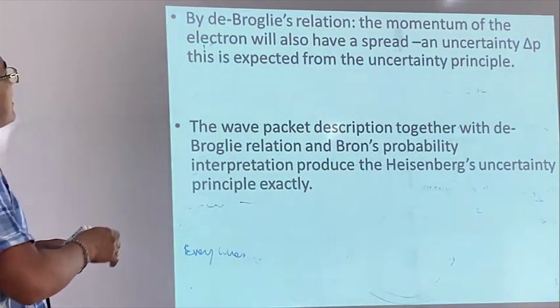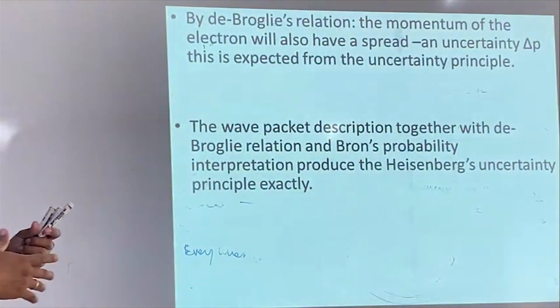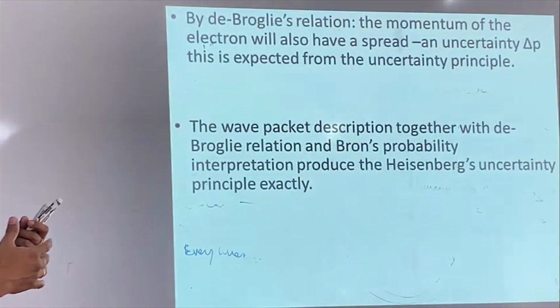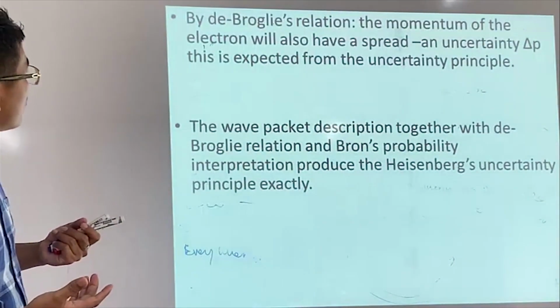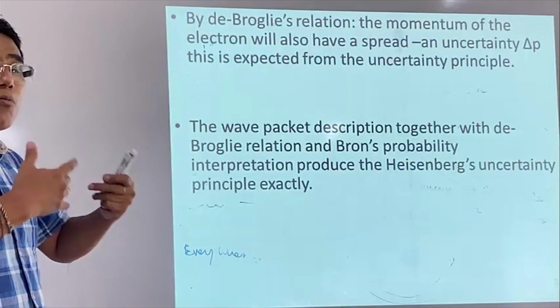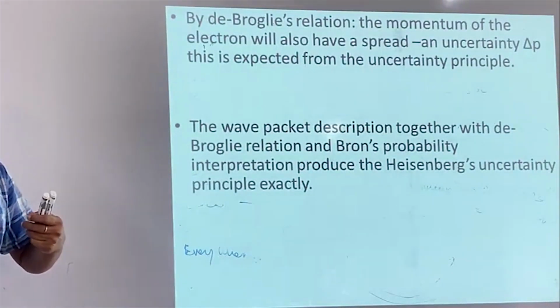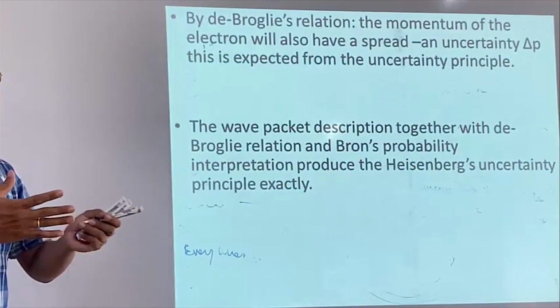So we say that de Broglie says that the electron has momentum. The electron cannot have a definite momentum; it has some spread of momenta.